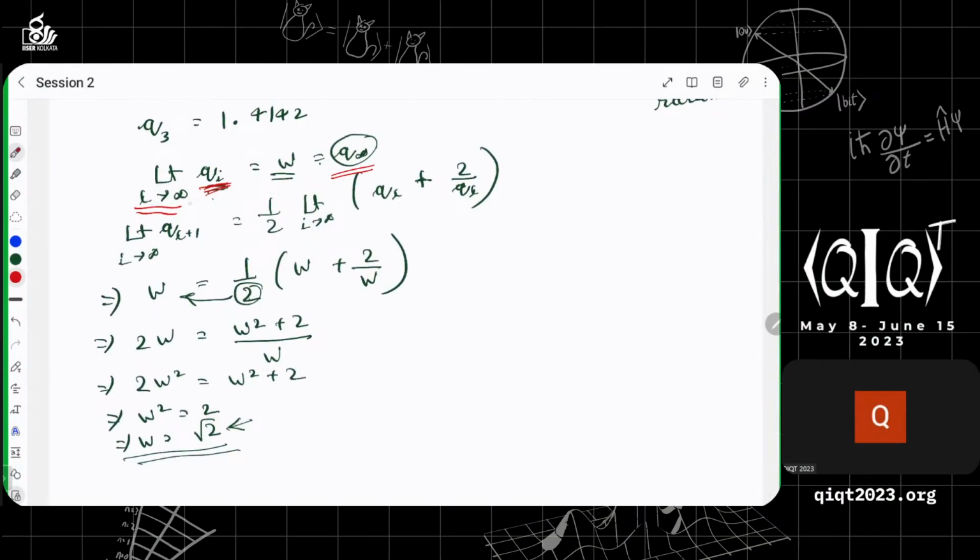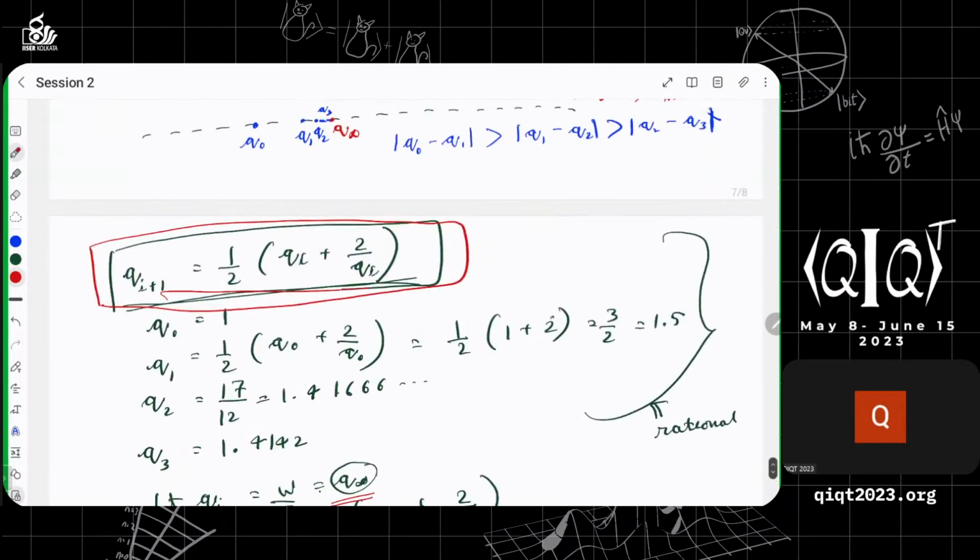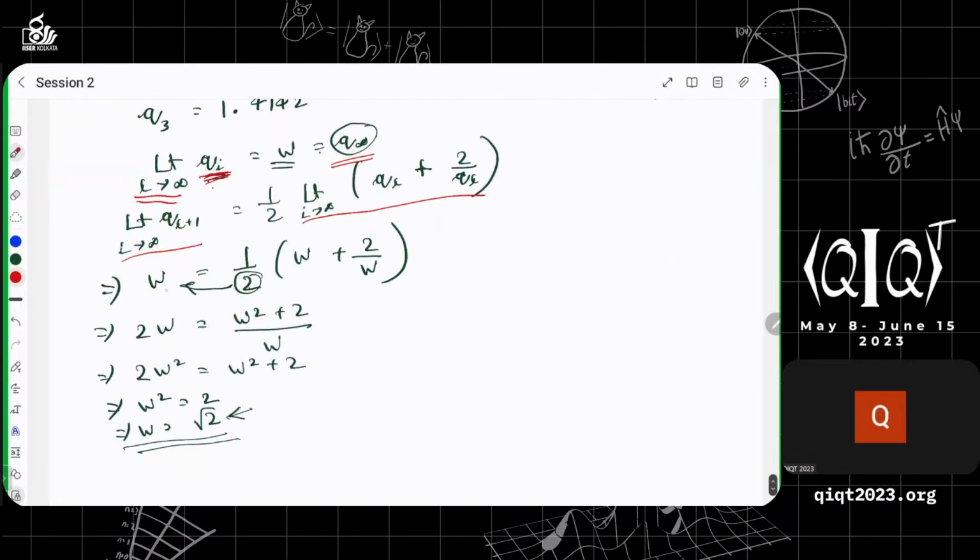So we took the limit i tends to infinity on both sides of the updation rule, which we had here, and since i tends to infinity q_i is w, so of course this will also be w, because it's the same limiting point.